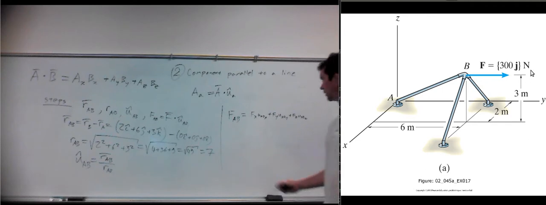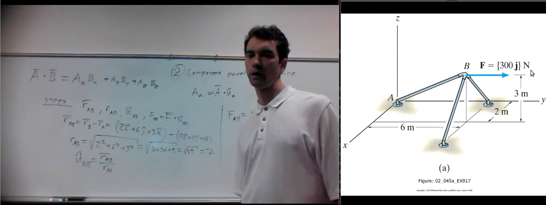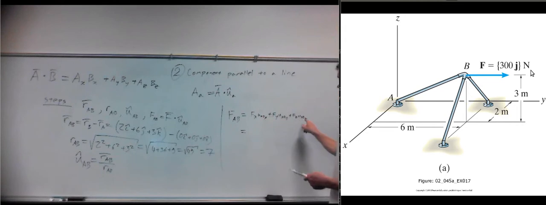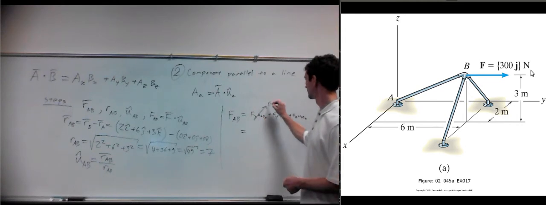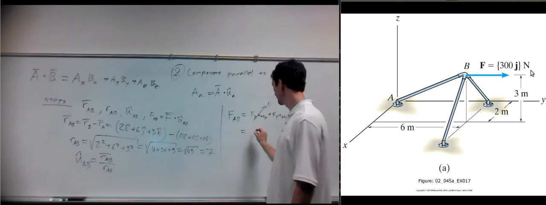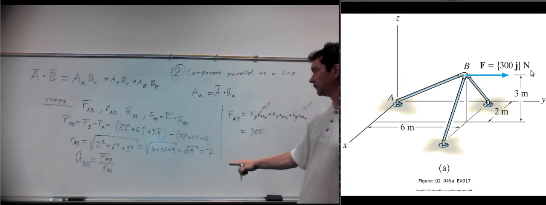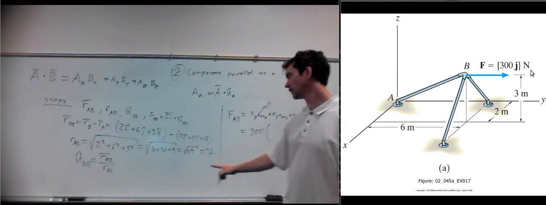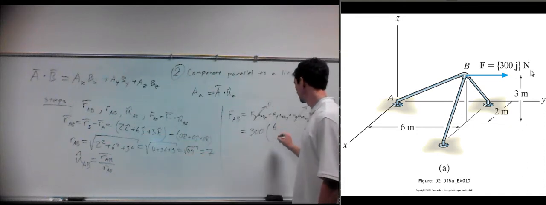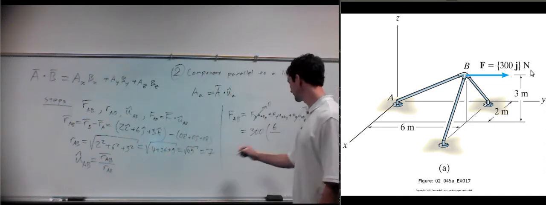So we'll go ahead and perform that calculation, and F is in the y direction, so its x and z components are 0. So this goes to 0 and this goes to 0. And so we just have Fy, which is 300, and the y component of UAB, which is the y component of RAB, so 6, divided by the magnitude of RAB, which is 7.